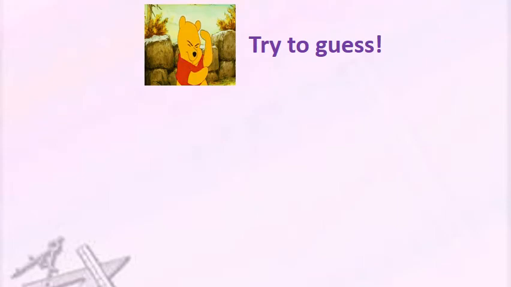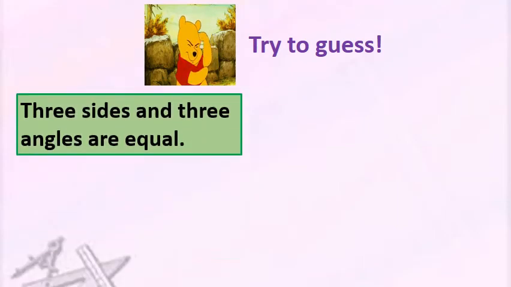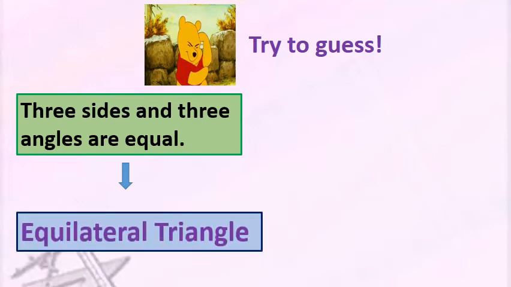Now let's try to guess together. If we have a triangle having three sides equal and three angles equal, what are we going to call this triangle? This is an equilateral triangle.